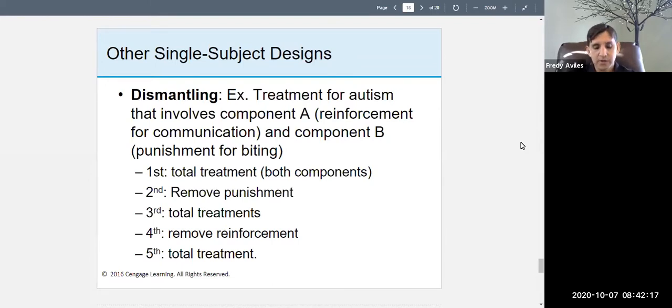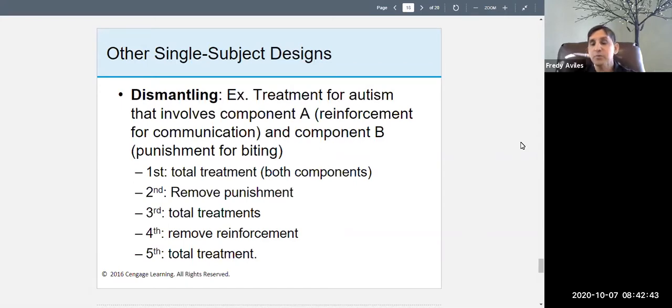You can add treatment. Let's say for treating AIDS, you can start out with a certain drug, then you can add another, and then add another, and you can see what happens. And that's kind of how they figured out, by the way, that these drugs work. When they treat AIDS, it's not just one drug, it's a whole bunch of different drugs. It's what they call a cocktail, okay?